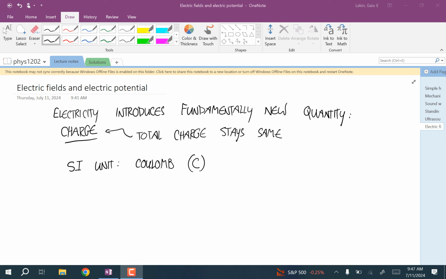So if you had two 1 coulomb charged particles, separated by 1 meter, what kind of repulsive force would they apply to each other?